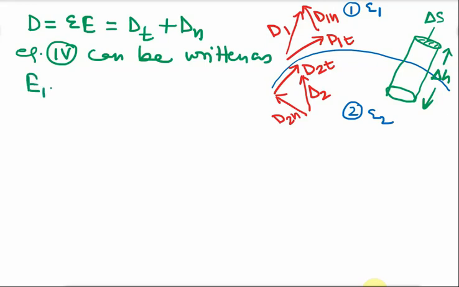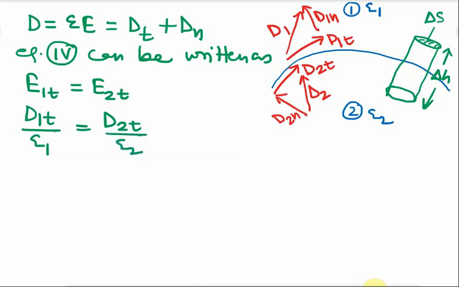Since E1t equals E2t, and E can be written as D upon epsilon, here also we can write D1t upon epsilon 1 equals D2t upon epsilon 2. So this is another boundary condition, in terms of the electric flux density. So Dt undergoes some change across the interface.